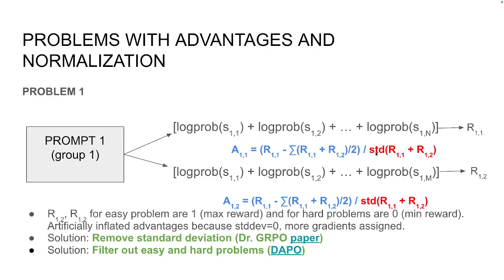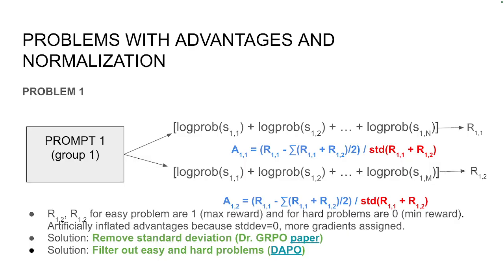And if your standard deviation is 0, because of epsilon you have a very small term in the denominator, and this can artificially inflate the advantages for very easy or very hard problems. So even if it's an easy problem, the model will get a lot of gradients because the advantage is artificially high.